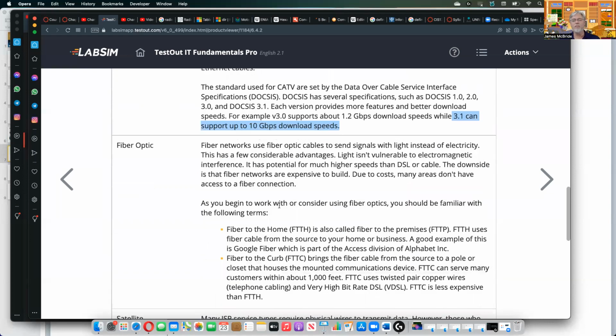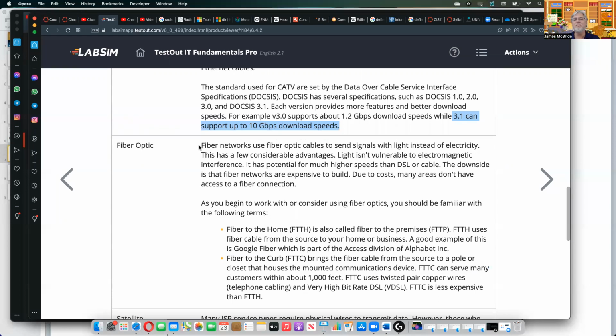Now, another way is fiber optics, and many towns and cities are doing fiber optics. Right outside my house is fiber optics, and that's how I'm connected to the internet, through fiber optics. And yes, fiber optics technically, scientifically, is the fastest, meaning that it can deliver the highest transfer rates possible.